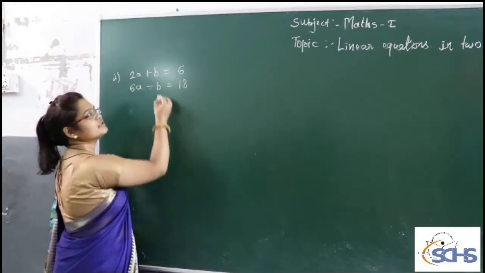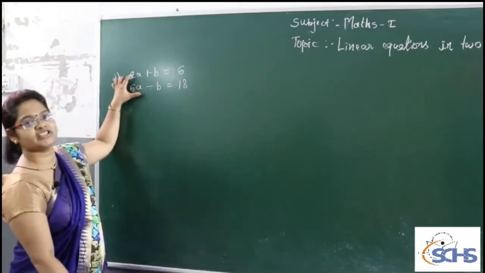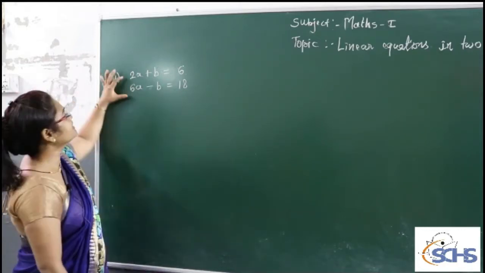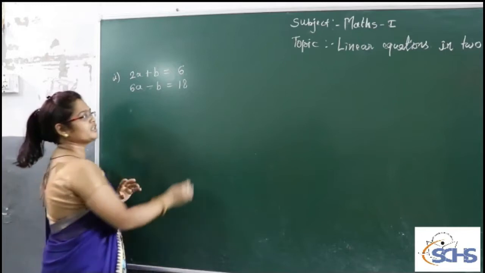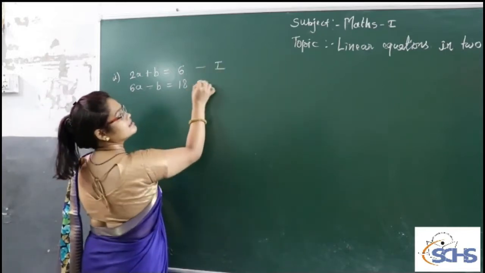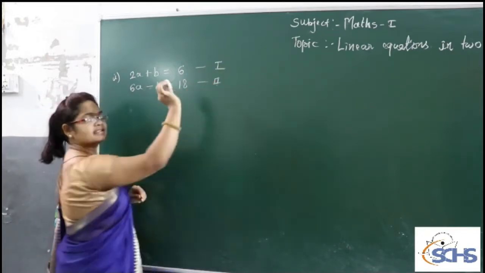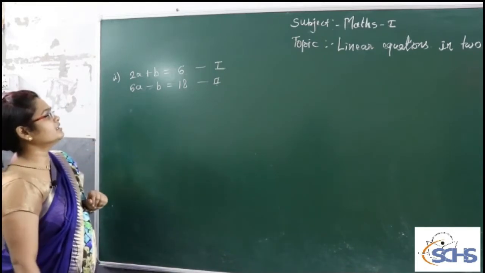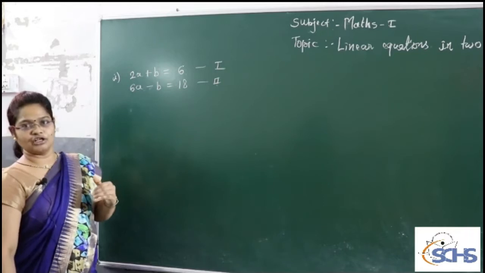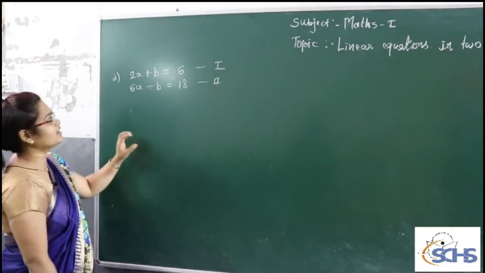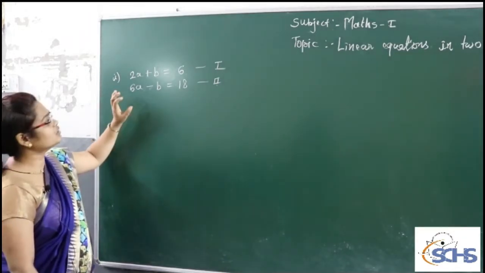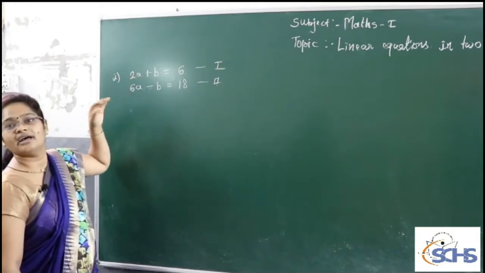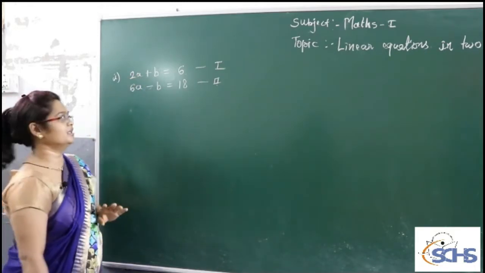Now we will see how to solve the linear equations in two variables. We know that these two are linear equations in two variables. Let's consider this one as equation number 1 and the second one as equation number 2. Remember one thing, whenever we have to solve two linear equations by the elimination method, we have to eliminate any one of the variables.